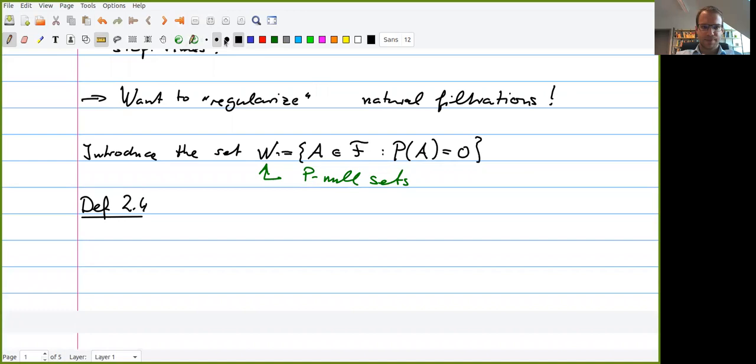Okay, and these two conditions, which I would like to ensure that my filtration always fulfills, are included in what's called the usual conditions. So let me make the following definition.